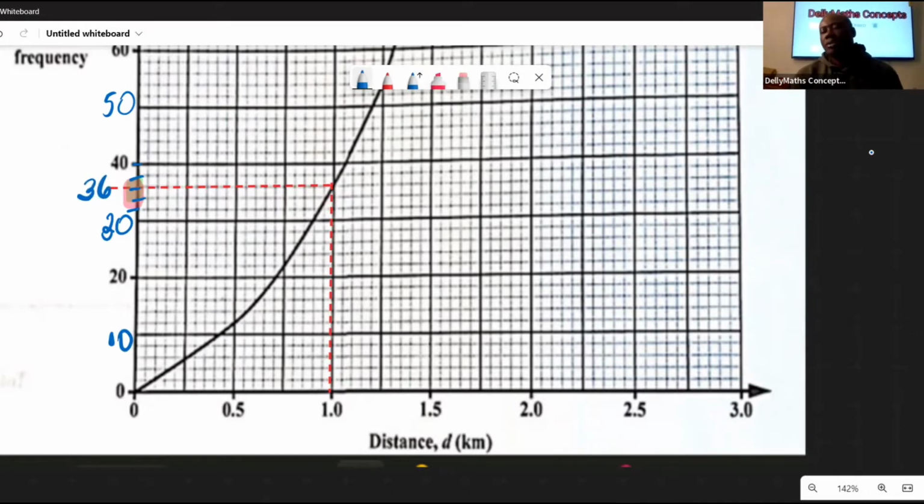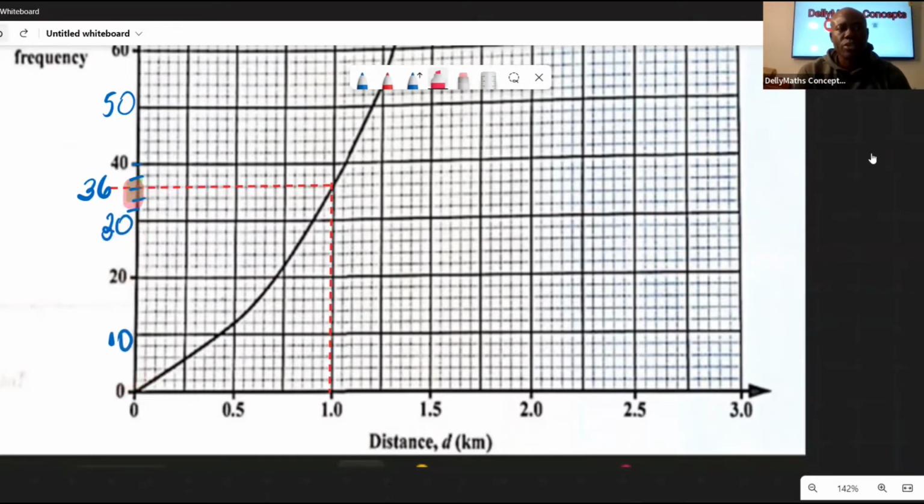Now in response to the question, how many students at most would have walked 1 kilometer to school? We're looking at numbers from 0 up to 36, so 36 or less. So we could say 36.